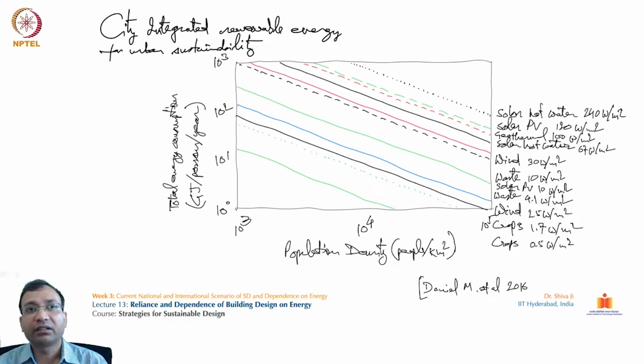Solar photovoltaic cells are able to generate about 120 watts per square meter, and geothermal up to about 100 watts per square meter. Similarly, it shows how much wind generates and how much the waste-based units generate. This is given along with the consumption points, like how much is consumed by crops and other units. The second figure talks about the per capita consumption.